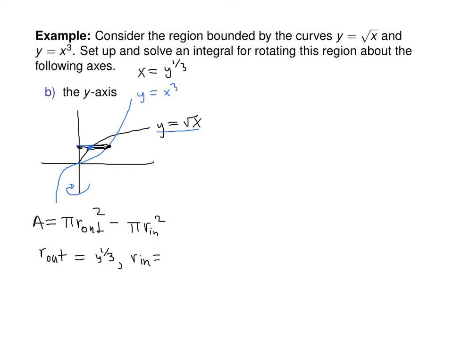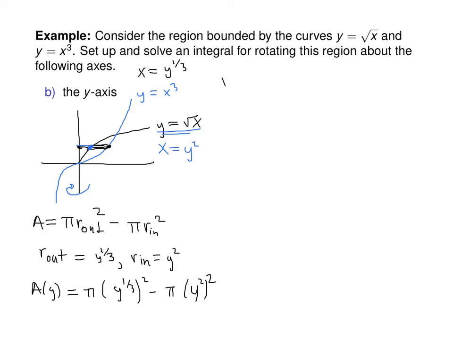That inner curve is y equals root x. Once again, we need to isolate x, and we will have x equals y squared. So in this case, my inner radius is y squared. And so the area is a function of y. The area of a cross section is pi times y to the 1/3 squared minus pi times y squared squared.